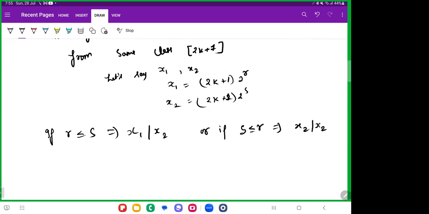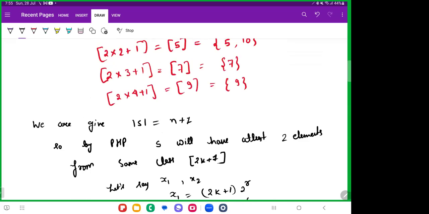So we have this thing. So we got the required choices of A and B. Is it clear or not?